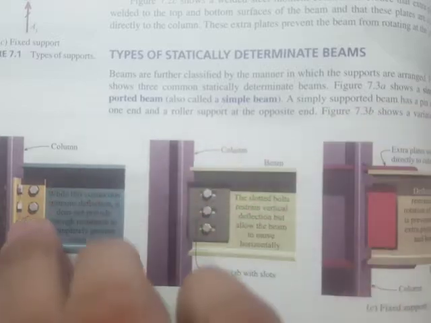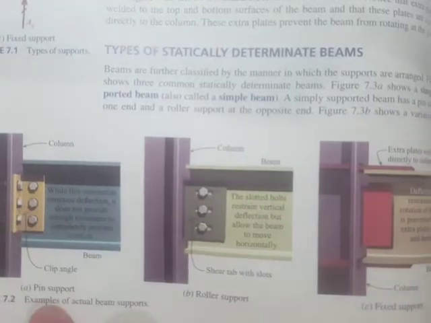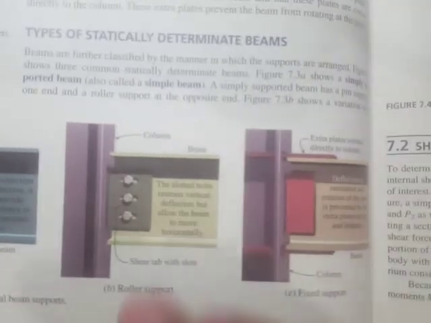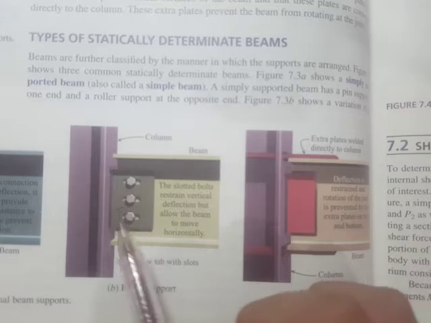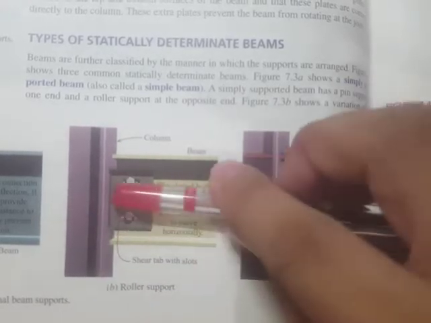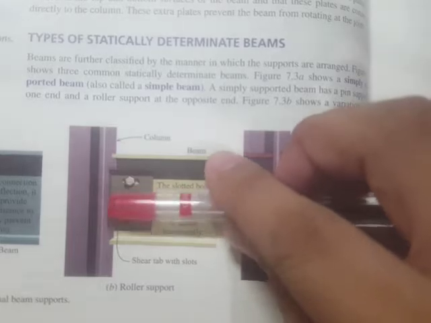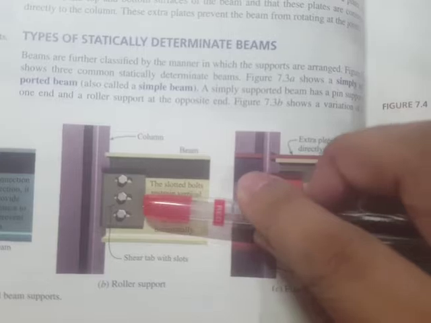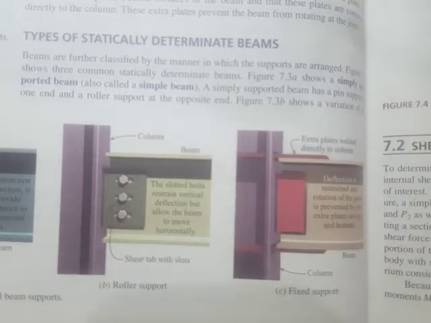Okay, so if that's the connection, then that is idealized as a pin support. And right here, if we put something like a slot, it is allowed to move along this x-axis, probably because of temperature effects or things like that.